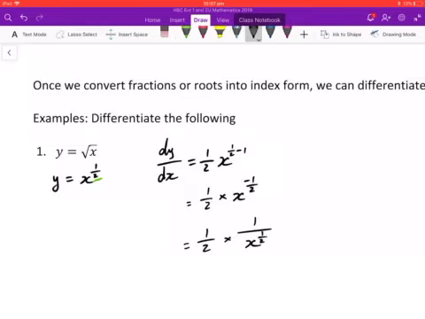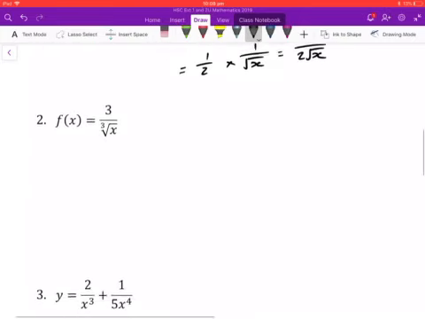I'll write another line, 1 over x to the positive half, which is equal to half times 1 on root x, and when I multiply top with top, bottom with bottom, 1 over 2 root x. Now you don't need to take so many steps, but I'm just illustrating how we differentiate. So that would be a simple case, but we always change it to a fractional index first.